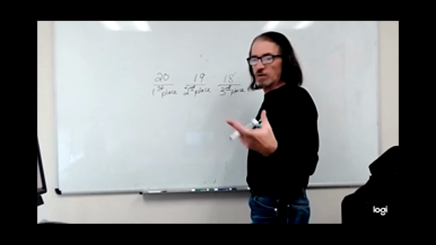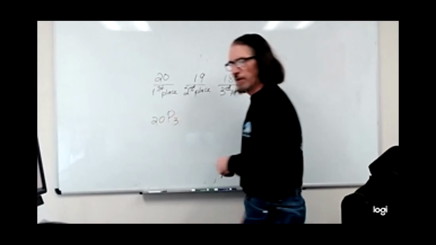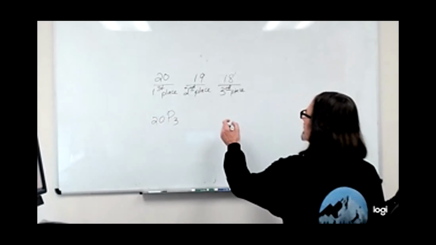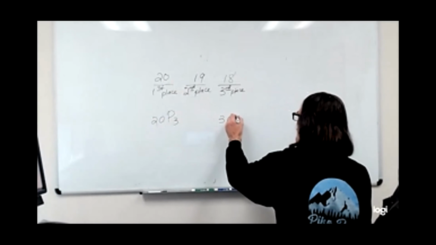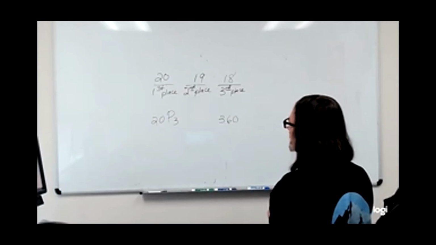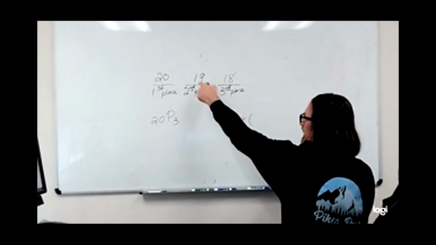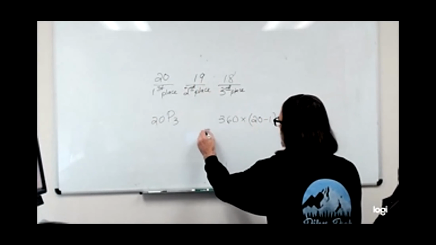Now I'm also going to type in 20P3 on the calculator to see what we get. But let's see, 20 times 18, 2 times 18 is 36. So 20 times 18 is 360. Multiplying it by the 19 in the middle would be the same as multiplying it by 20 minus 1.